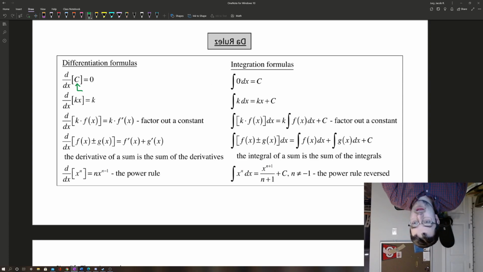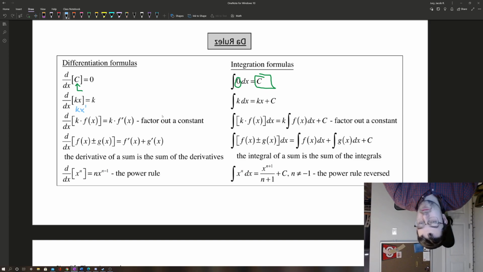If we have 0 and we integrate that, then we should get some arbitrary constant, which is why our answer here is C. If we take the derivative of k times x, then we know that's kx to the first.